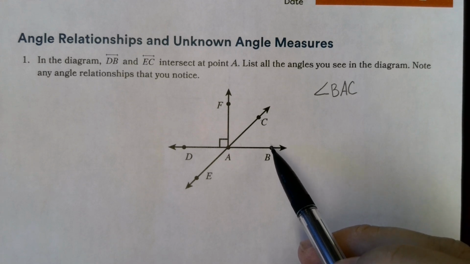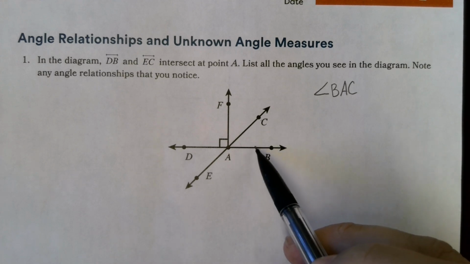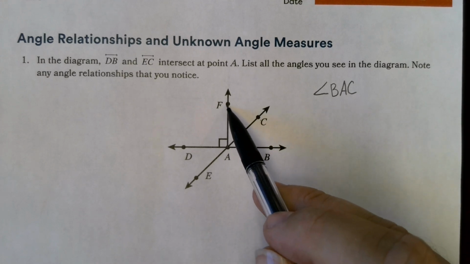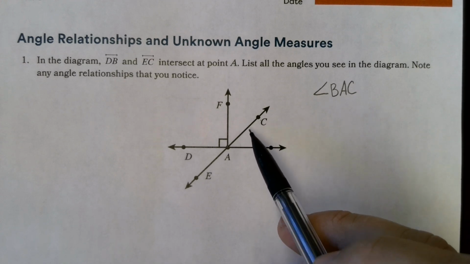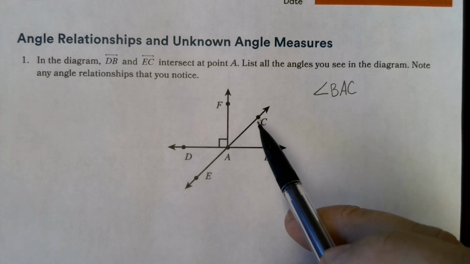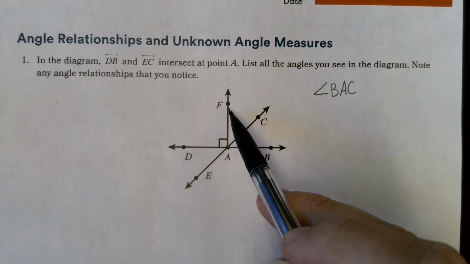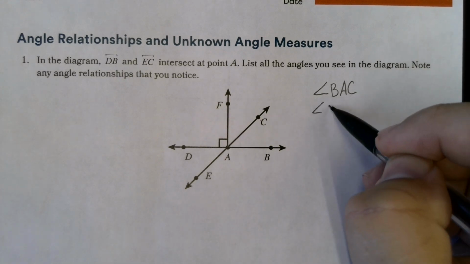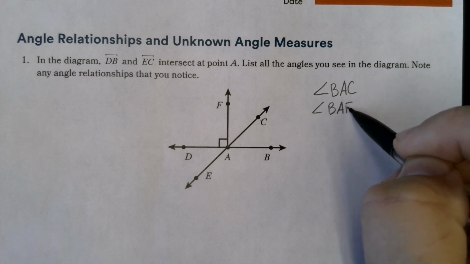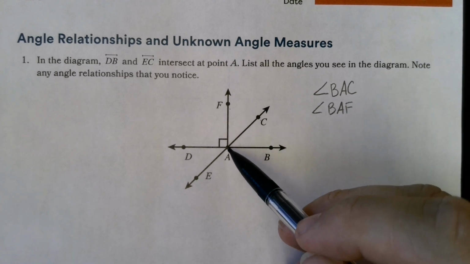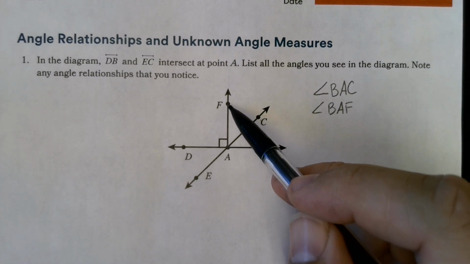I also have angle BAF. So even though there's this segment, this part right here of this line going through, we still have angle BAF. Because again, I start with an endpoint, I go to the middle, and then I come back to another endpoint.